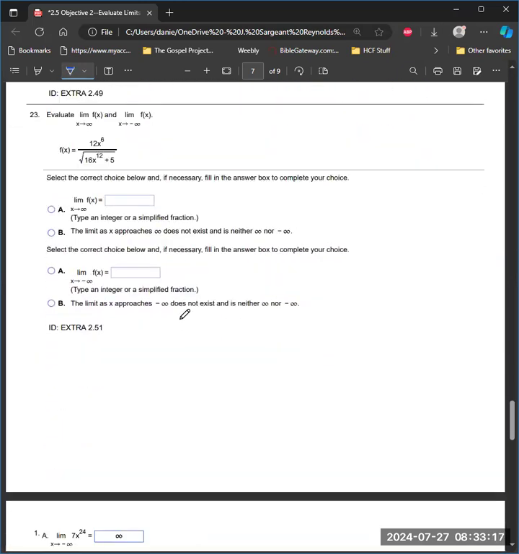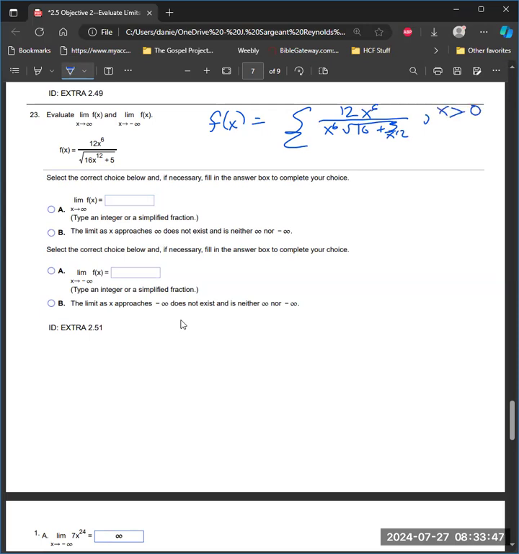Right? Let's rewrite this one here as f of x equals, and it's going to be a positive 12x to the 6th over x to the 6th square root of 16 plus 5 over x to the 12th, if x is greater than 0.